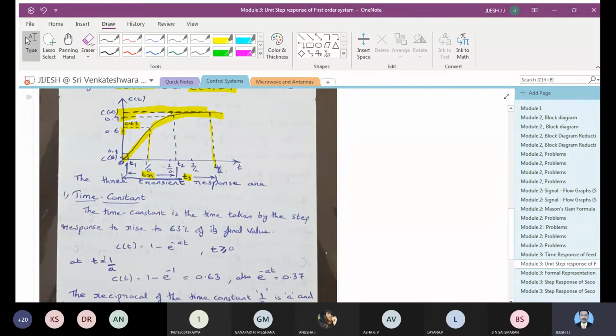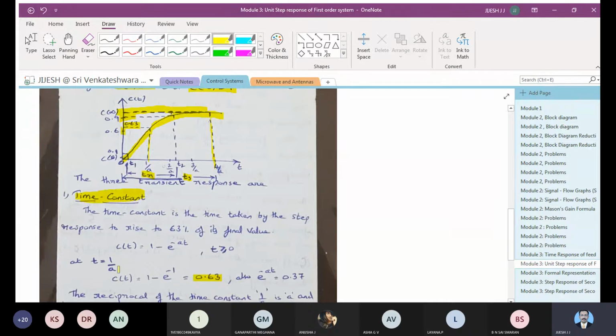We substituted t is equal to 1 by a and got 0.63. You may be thinking, why 0.63? We got this value by calculating C of t. So we are saying that when the system reaches 63% of the final value, you call this the time constant.